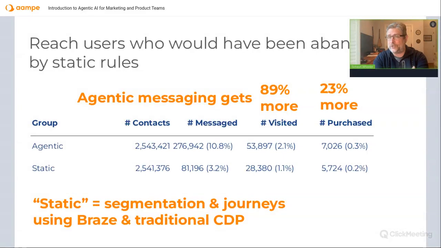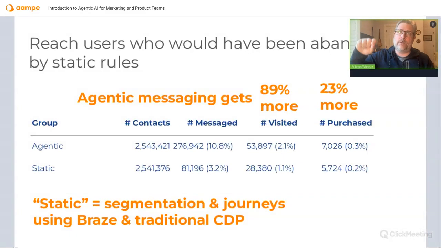So we had equal numbers of contacts assigned to an agentic system and to their static system, but they actually messaged only a small portion of their users because they didn't have the capacity on their team to create all of these different segments and create differentiated content for all of them. So what they tended to do is what a lot of teams tend to do. They found segments that they thought were high value and they pushed them a lot. And they did get good response from that segment.